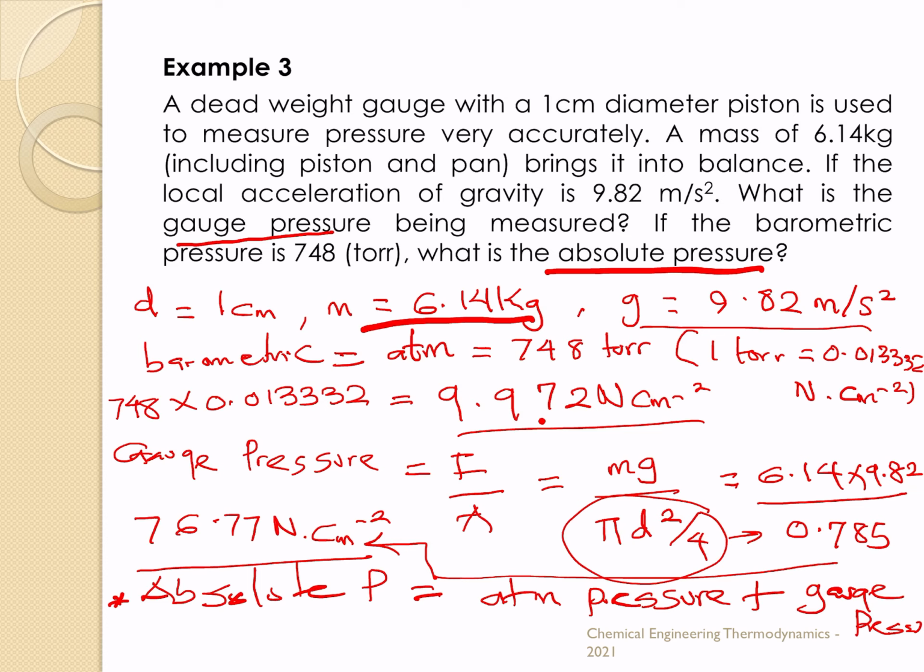Let's add everything up: 9.972 plus 76.77 gives us 86.74.